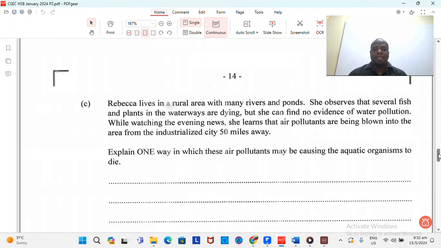And once they're not able to do that, no oxygen, or a limited amount, will be in the water, and this will lead to the death of organisms in the aquatic environment. So this is the end of question 4.